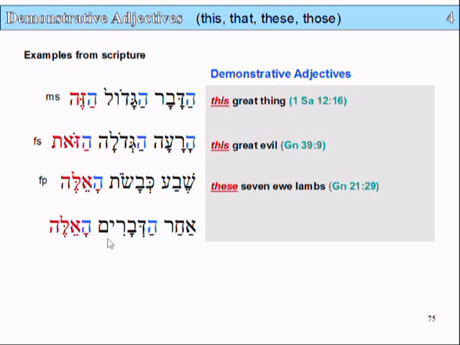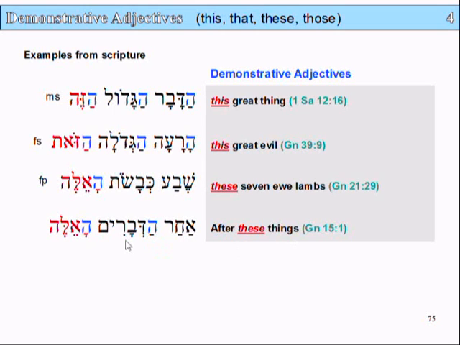It's got the plural ending, im, at the end of it. And the word alay, meaning these, ha'alay. So we have the translation, after these things. Acha hadivarim ha'alay, after the things these.